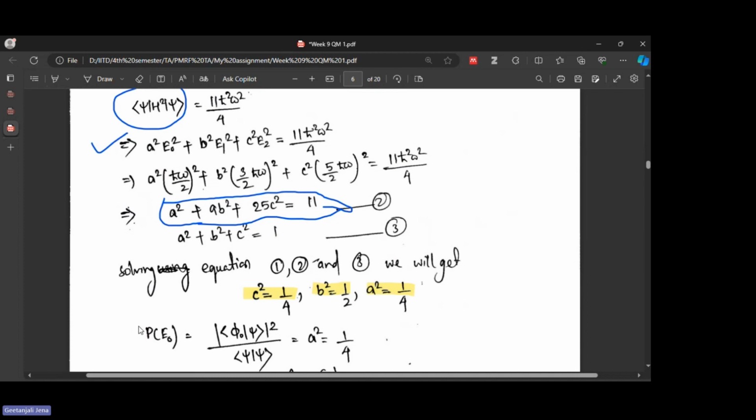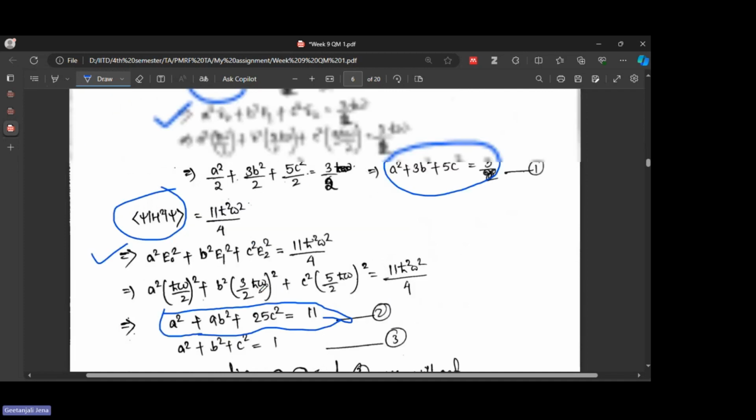According to the postulates of quantum mechanics, how can you calculate the probability? It is given by the inner product of phi 0 with psi, squared, divided by the inner product of psi with psi. Since psi is normalized, the denominator is 1. So what you get is the inner product of phi 0 with psi, squared.